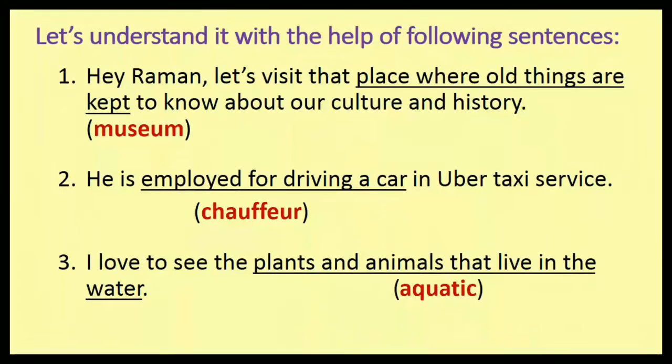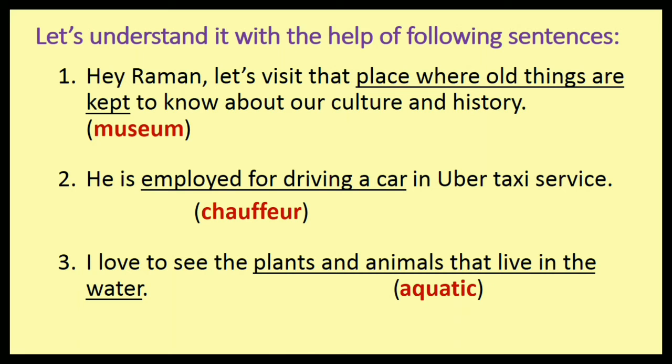So let's understand it with the help of the following sentences. Look at the first sentence. Hey Raman, let's visit that place where old things are kept to know about our culture and history.